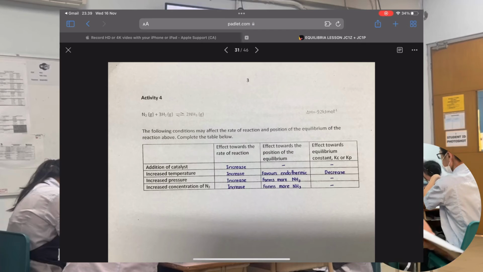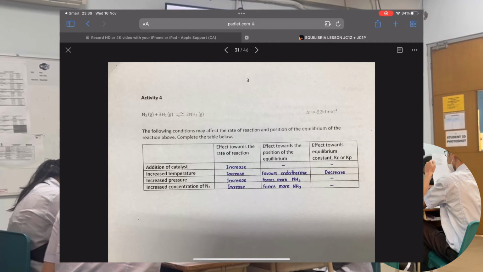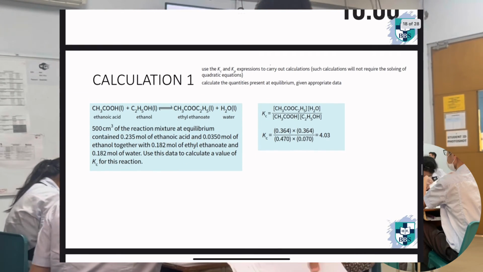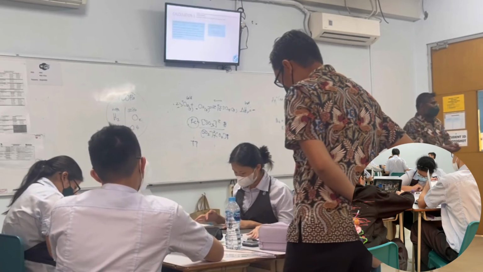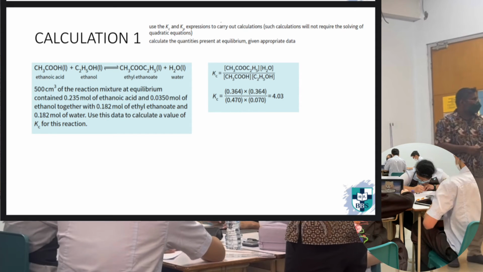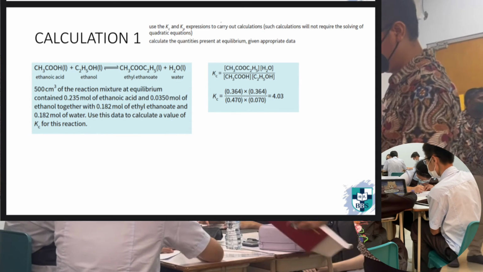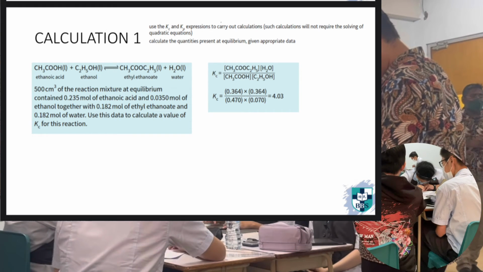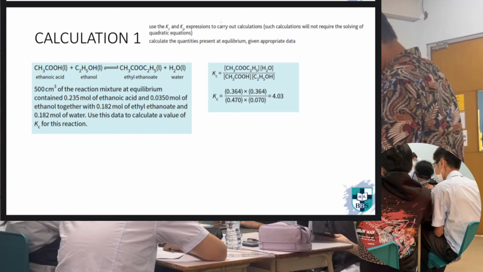I do see some of you already moved to the next activity. Before you go to the next activity, just look over here. I'm not going to write it down. Basically all the details are given, and you just need to put the value in. For this example, concentration means number of moles divided by volume.